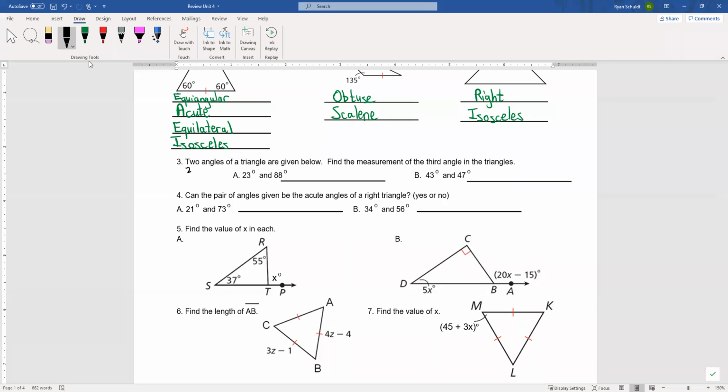So we would do 23 plus 88 to get 111, and then subtract that from 180. That gets us 69. So this third angle is going to be 69 degrees.